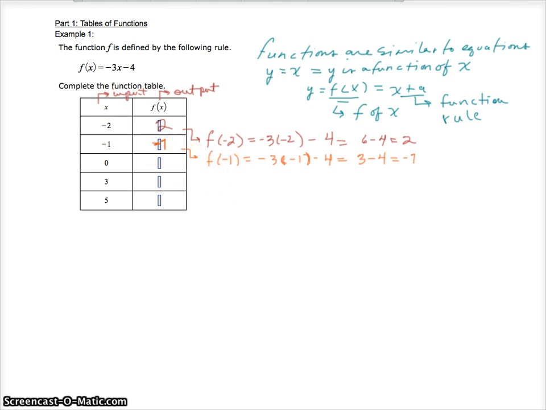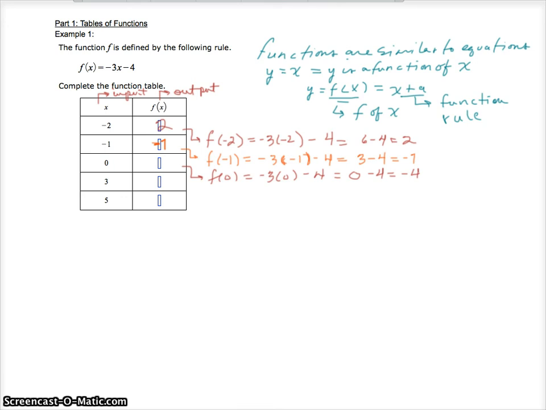Now I can go look at 0. We're going to look at f of 0. So I'll have negative 3 times 0 minus 4. Negative 3 times 0 equals 0, minus 4 is equal to negative 4.